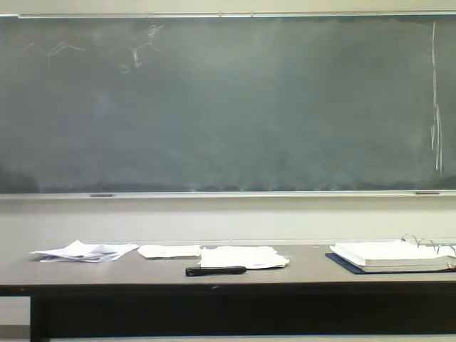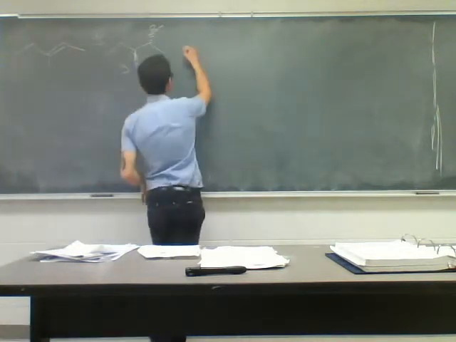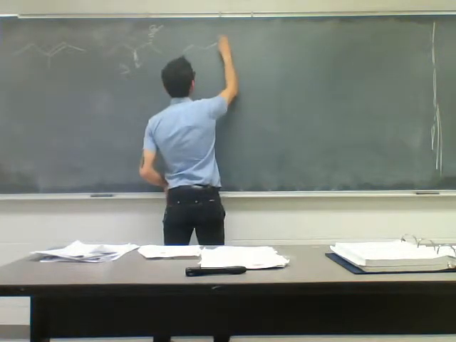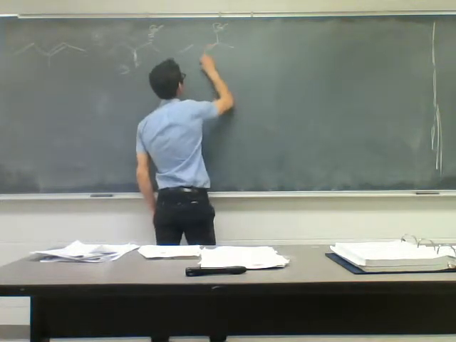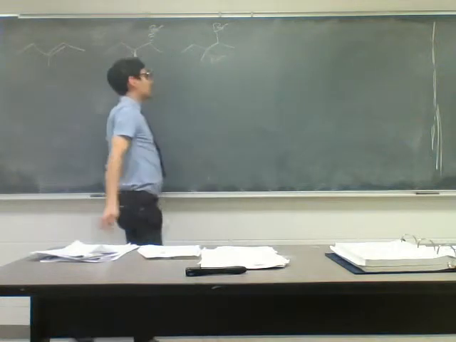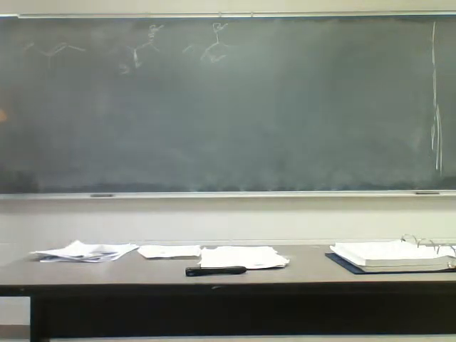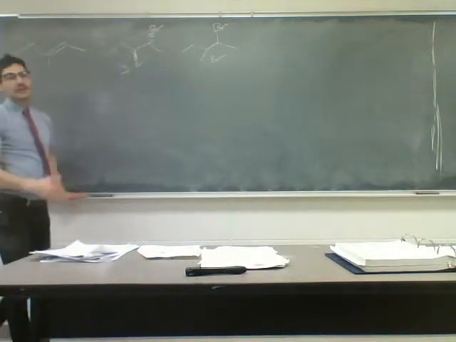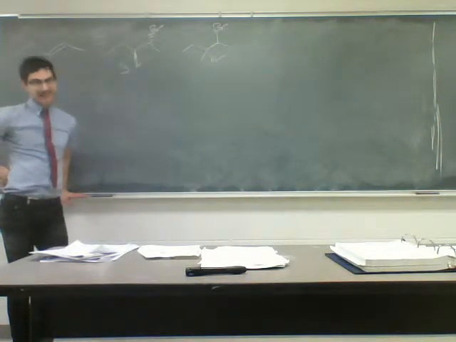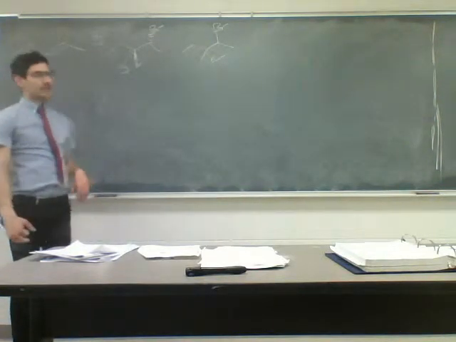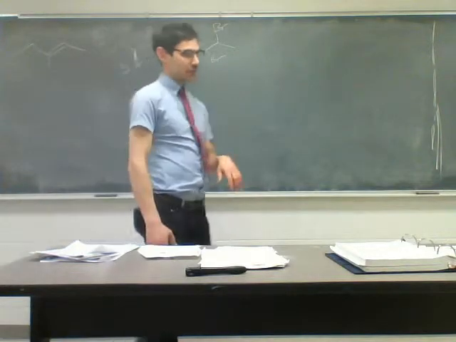So that should be our product, or one of the possible products for this. Really, if you want to draw this, it's perfectly acceptable to show just Br, because we get a mixture of enantiomers. We're not going to make one enantiomer. This is going to generate a racemic solution.